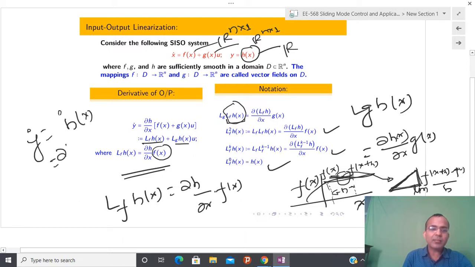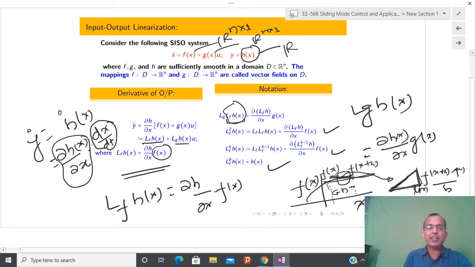Since this curve varies based on x, and this curve is also changing with respect to time, somehow the concept of derivative comes into the picture, and here one extra quantity is there. Due to that reason I cannot define this quantity L_f h(x) as just a derivative, because already for the derivative I have one quantity f(x).